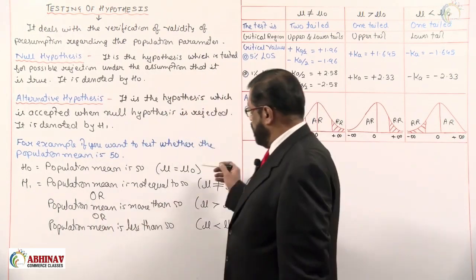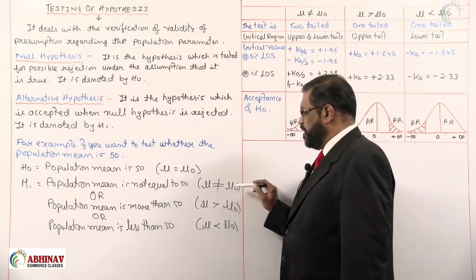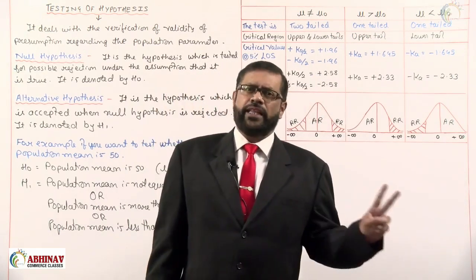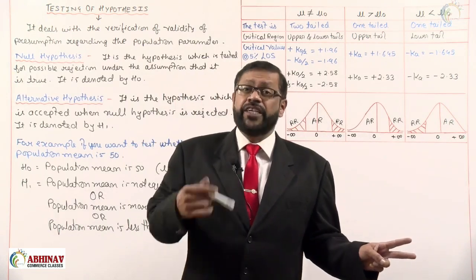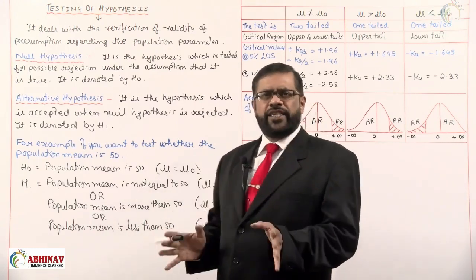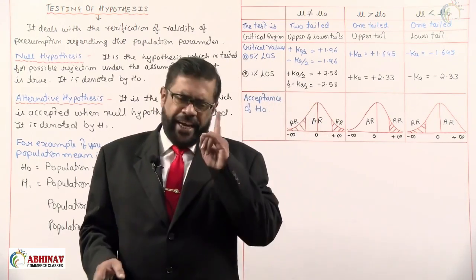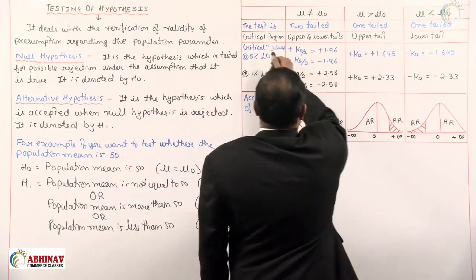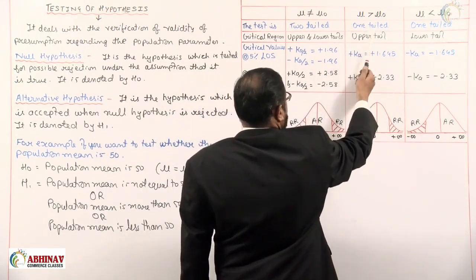Now, this is what we have seen when mu is not equal to mu naught. The basic point to remember is that it's a two-tail test with the lower and the upper tail. If it is more than, it always calls for the upper tail. It's a one-tail test. More than, one tail, upper tail.